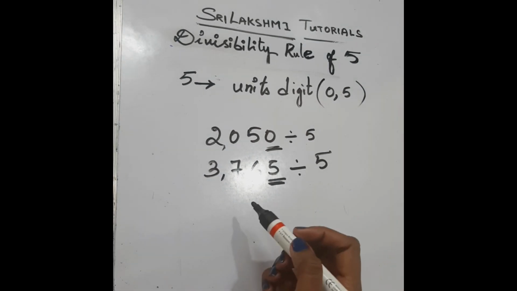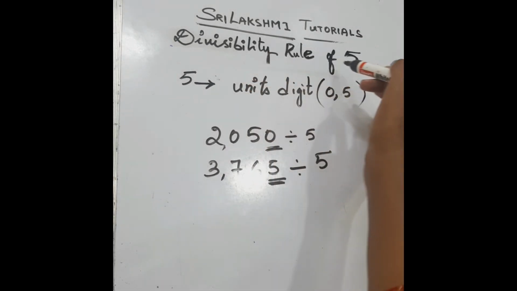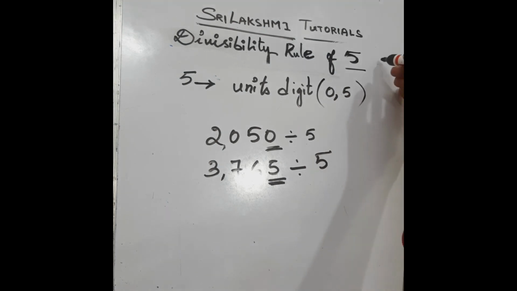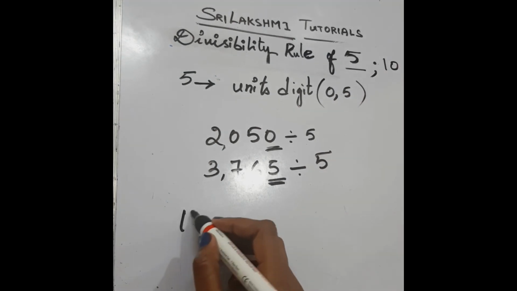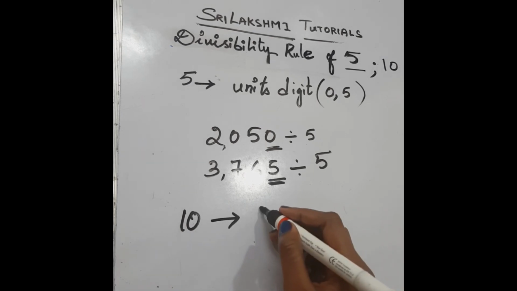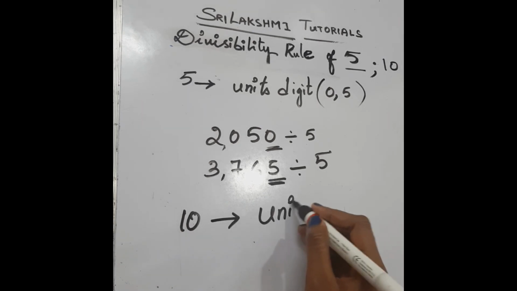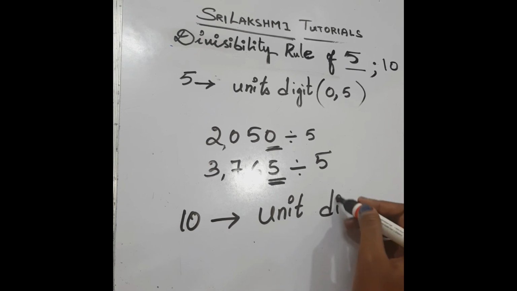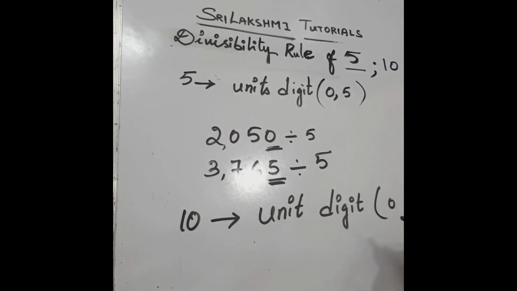Now similarly we will see the divisibility rule of 10. What is the rule of 10? In this also the units digit matters, and it will be only 0.